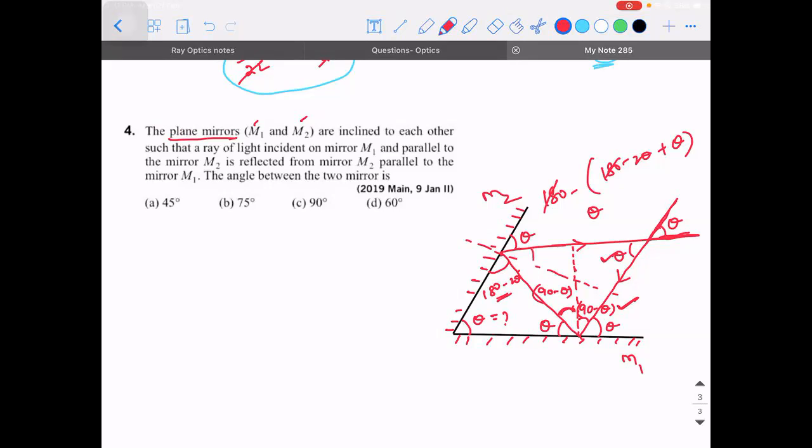So what is this angle? 180 minus 2 theta plus theta.